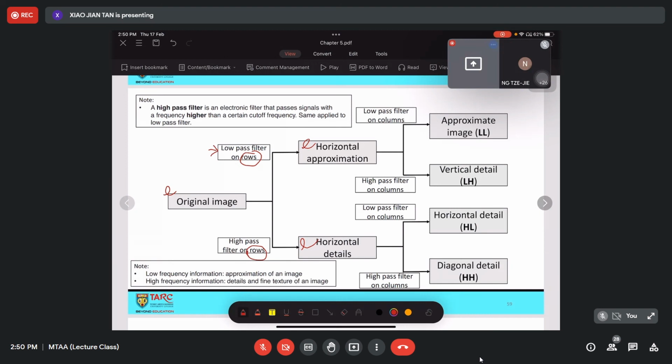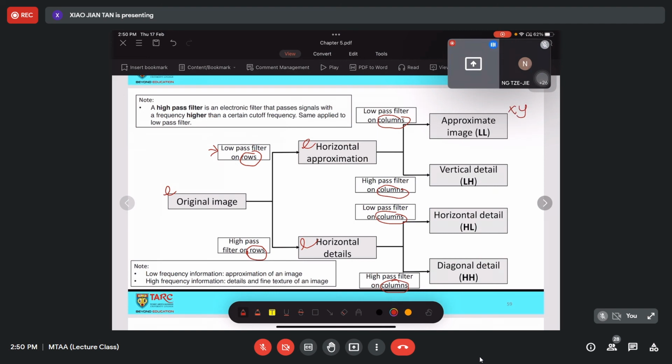Later on, you apply again a low pass filter on the column, and you will be able to get the approximation image in both directions, the x and y direction.